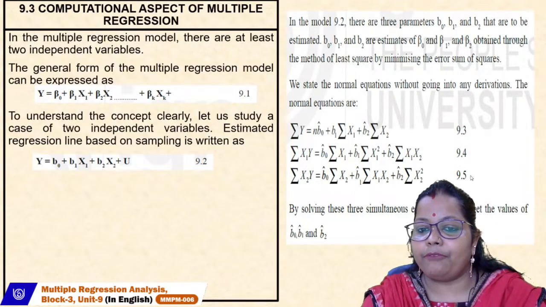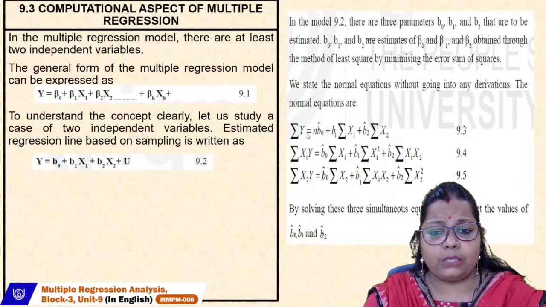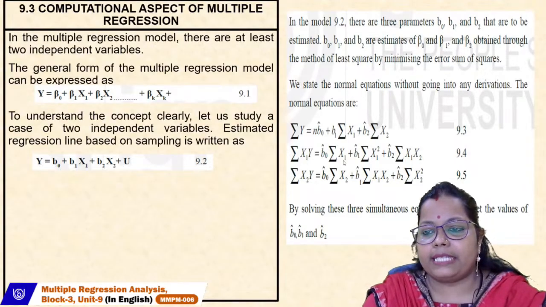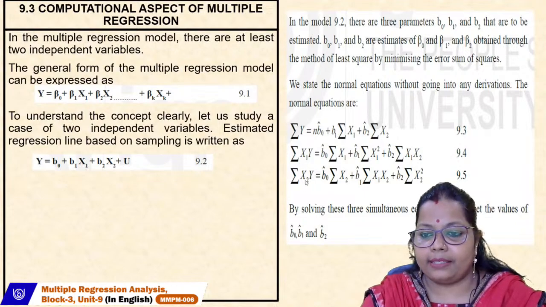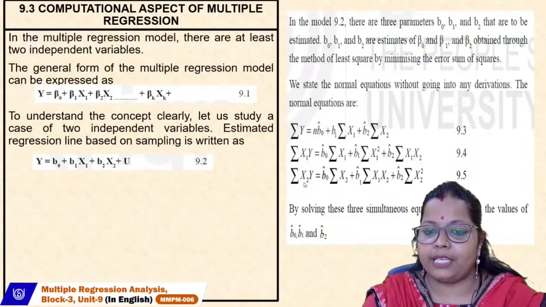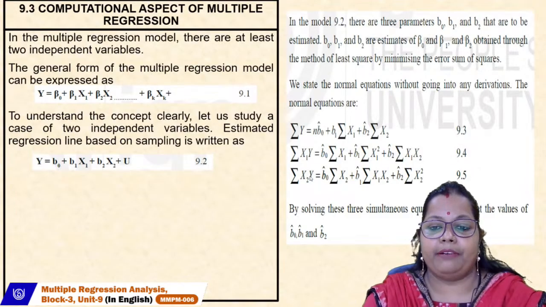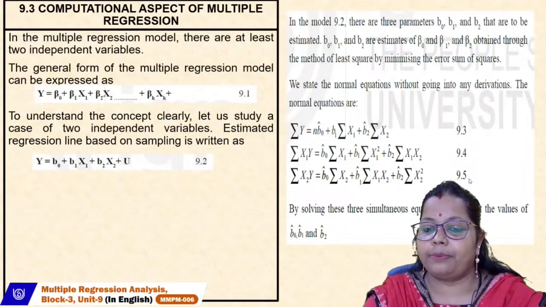Then coming to equation 9.5, in the first equation there was no x1, no independent variable. But in equation 9.4 we found one independent variable with the dependent variable, and in equation 9.5, we can see that with independent variable x2, we have the dependent variable. So what is the linear normal equation for 9.5?